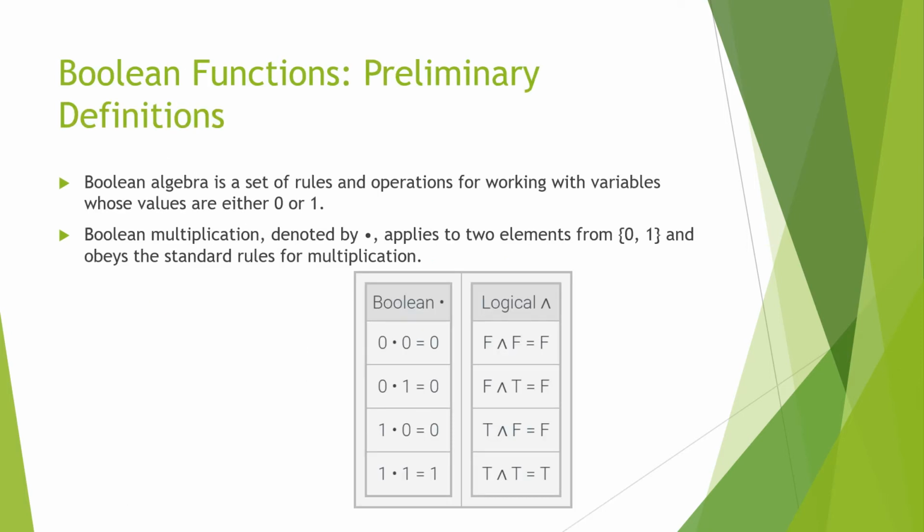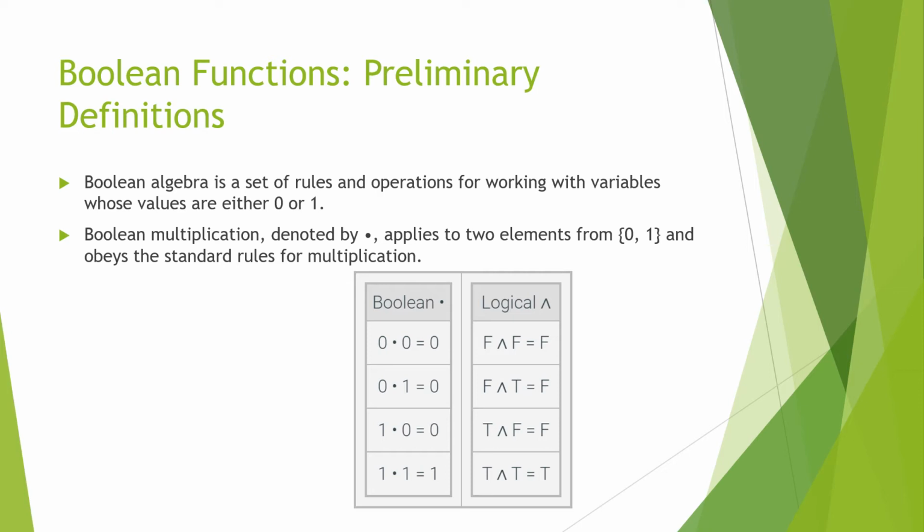Finally, we talk about Boolean functions, which are a specific type of function, and they are very useful in computer science. So we start with some preliminary definitions. First, we talk about Boolean algebra. What is Boolean algebra?